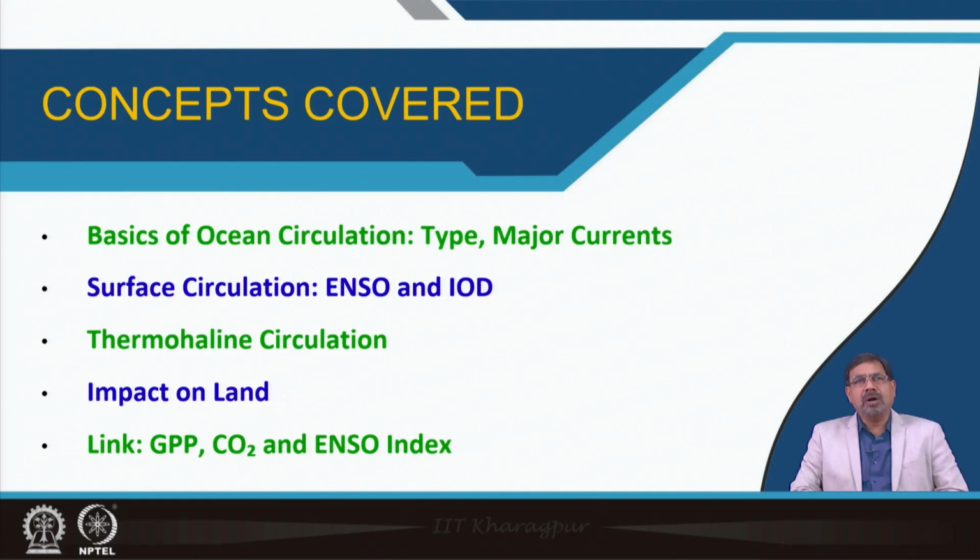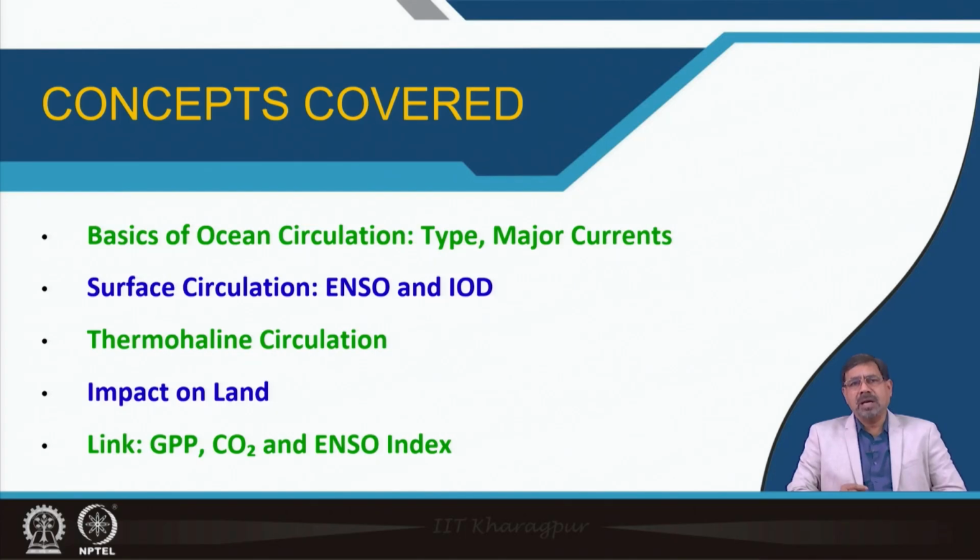And fourth, we will talk about the various impacts on land. In this particular class, we will emphasize the linkage. In this linkage, we will try to understand the relationship between gross primary productivity, abbreviated as GPP, and carbon dioxide, and also the ENSO index. GPP is the primary productivity, be it terrestrial or oceanic.